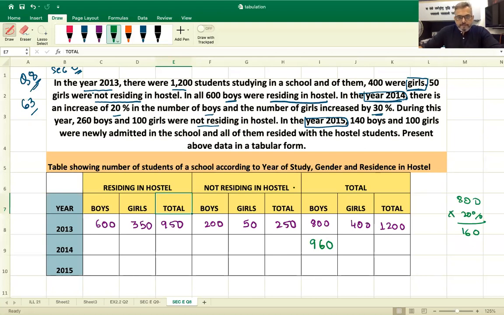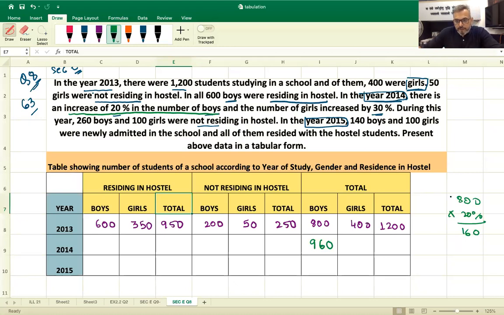Then सर भैया, ये समझ नहीं आया 960 कैसे आया? ठीक है, मैं एक बार पढ़ता हूँ. ऐसा दिया है, in the year 2014 there is an increase of 20% in the number of boys.